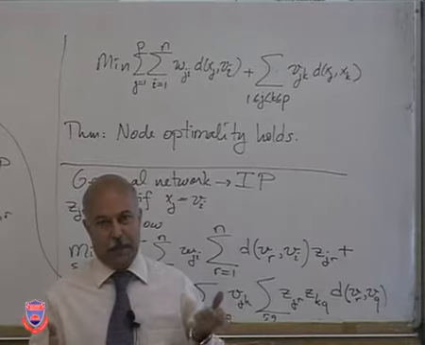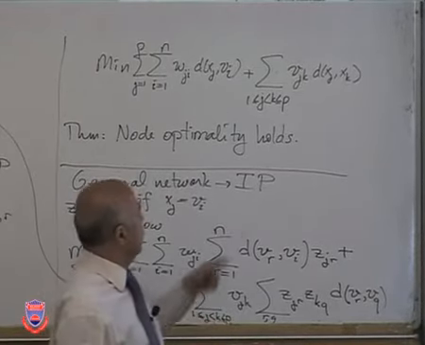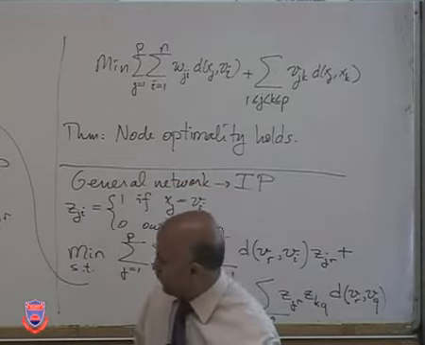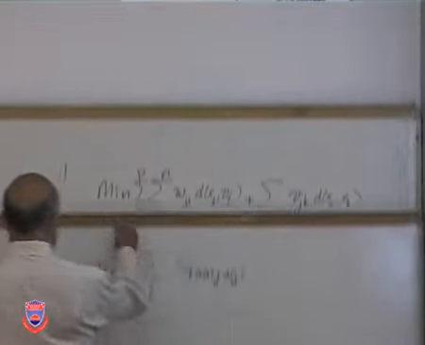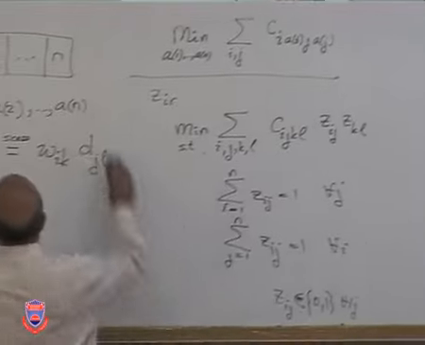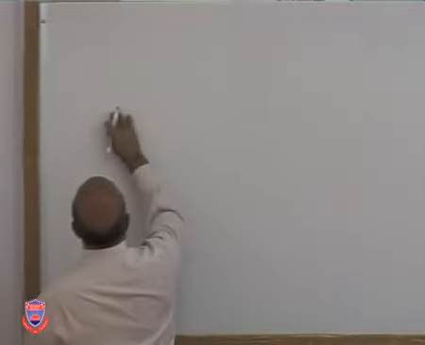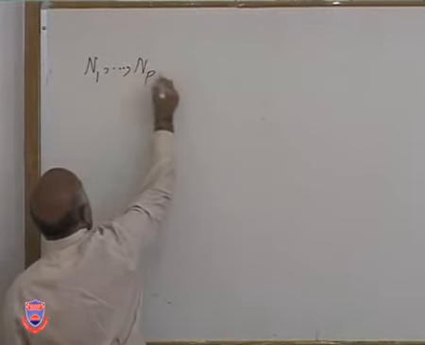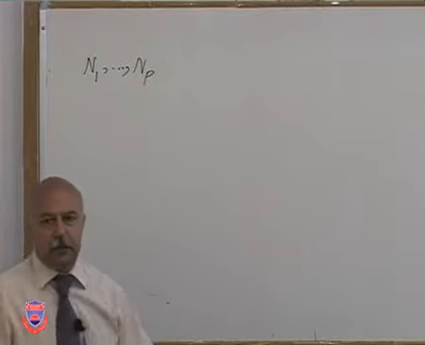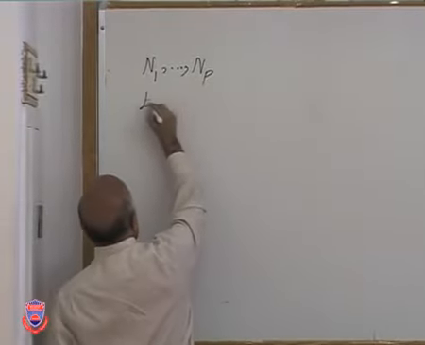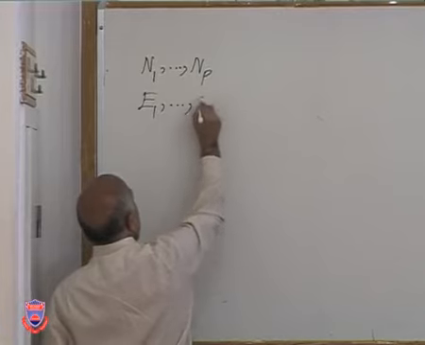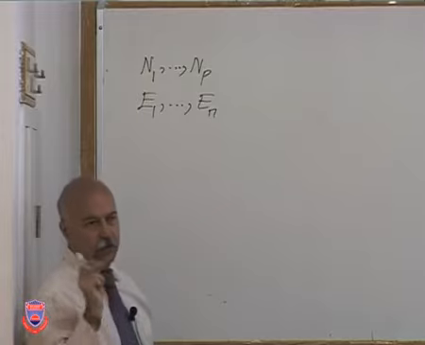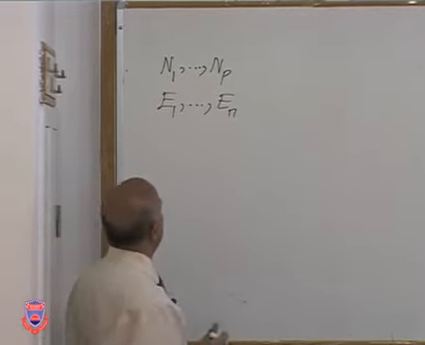What do we mean by the graph of interactions? Well, let me put it this way: you can create a network with P nodes, each standing for a new facility, and additional N nodes, each standing for an existing facility or a vertex of the original network.